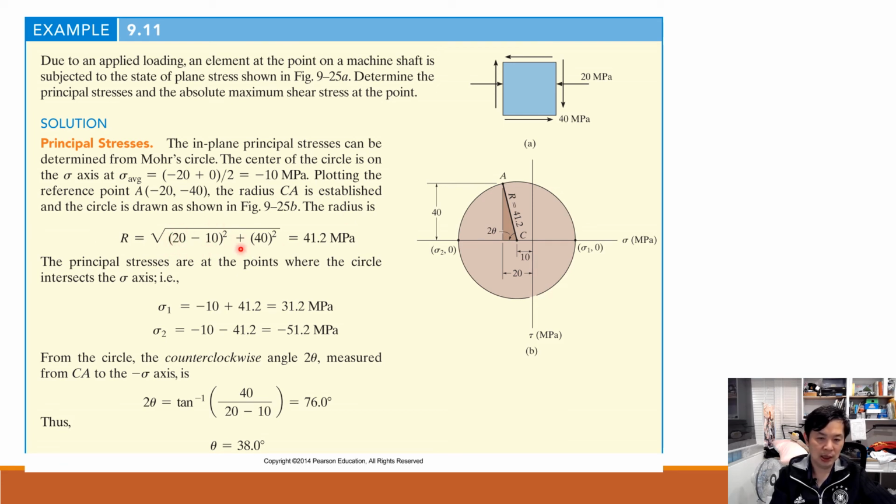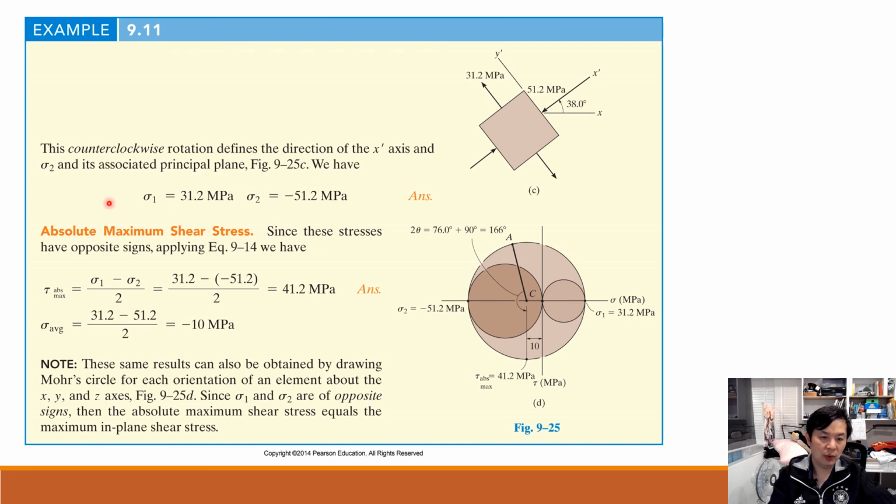This part together with 40 makes a right triangle, which gives a radius of 41.2 megapascal, and then sigma 1 would be this value 31.2, and the other, sigma 2, is minus 41.2. The angle 2 theta would be the arctangent like this, 76 degrees, and theta would be 38.